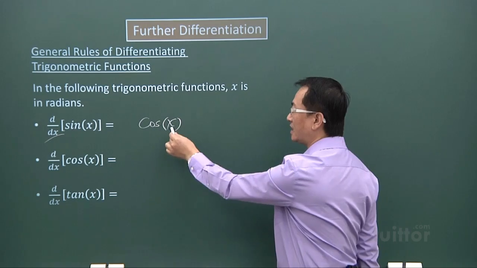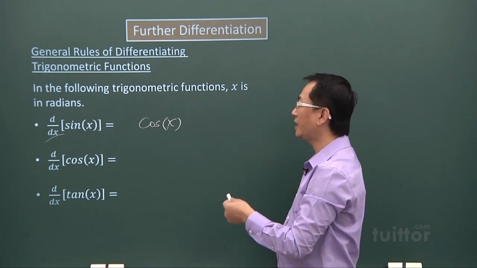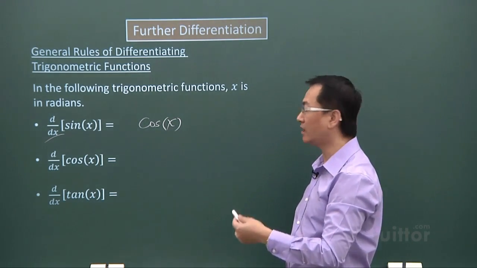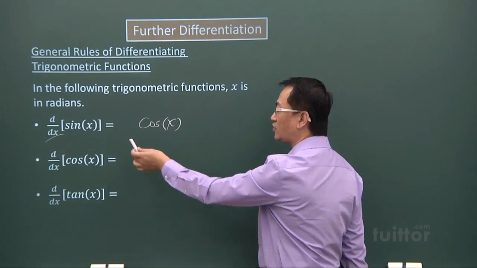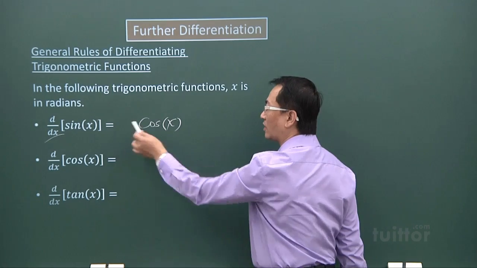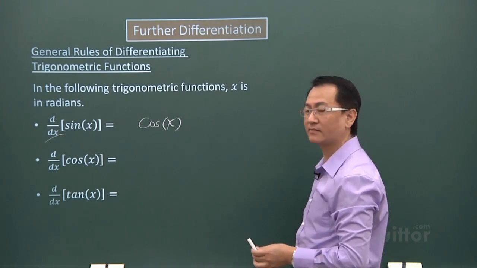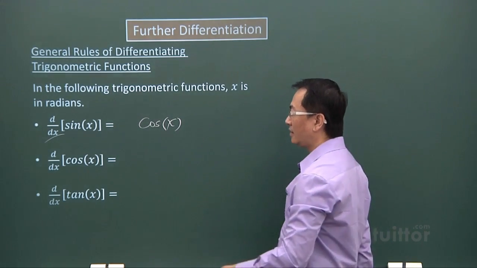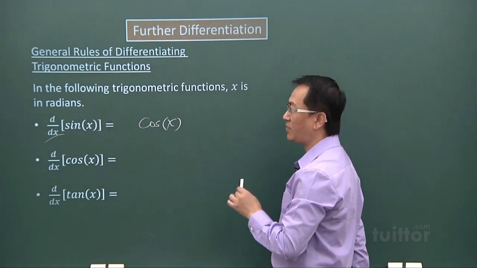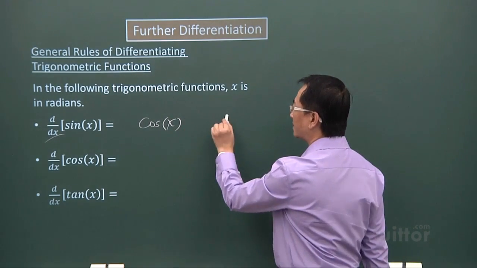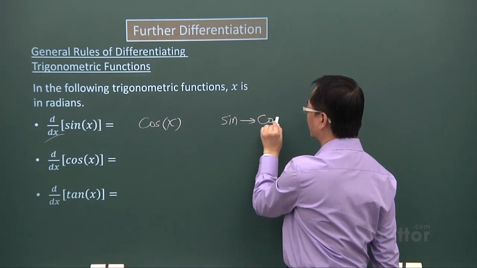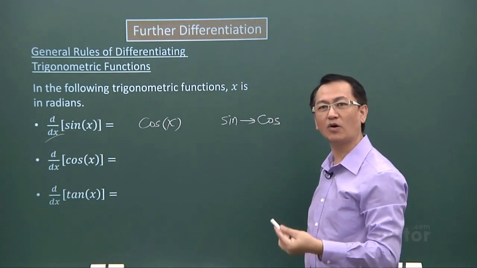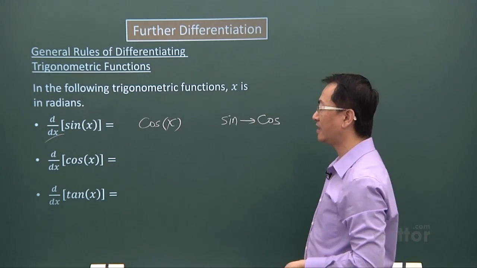If it appears in algebraic form, we call it the algebraic angular expression. So the result of differentiating sine x will give you cos x. To help you remember this better, you just think sine will give you cos. You say it a couple more times, you remember this.